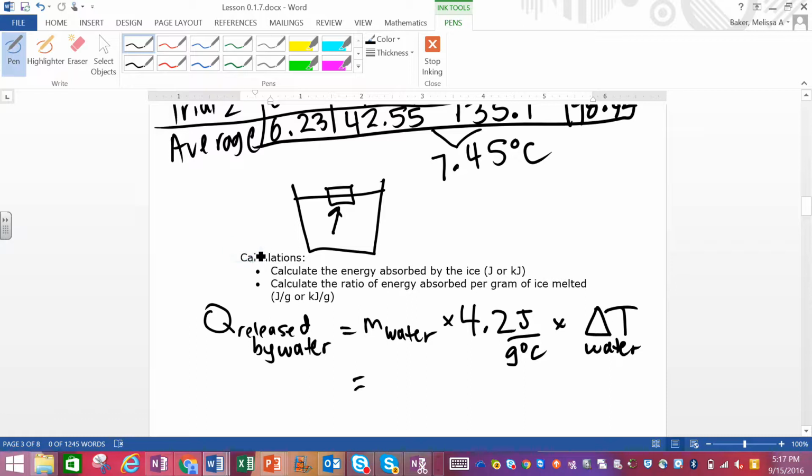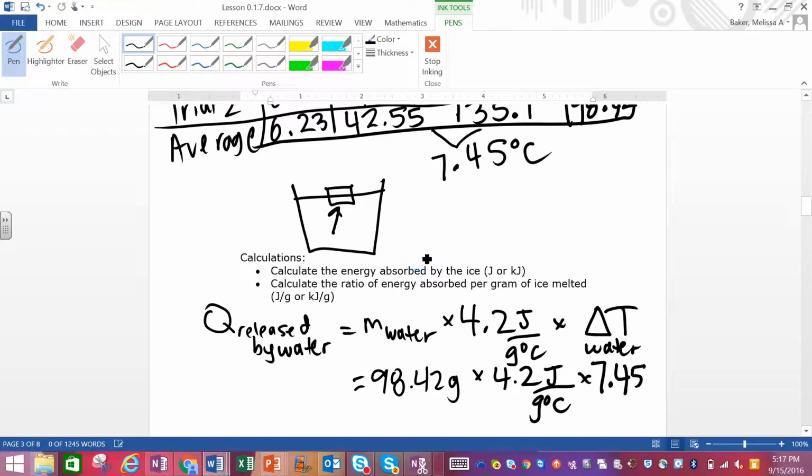So the mass of the water on average was 98.42 grams times 4.2 joules over gram degrees Celsius multiplied by that change in temperature, which for my data was 7.45 degrees Celsius.